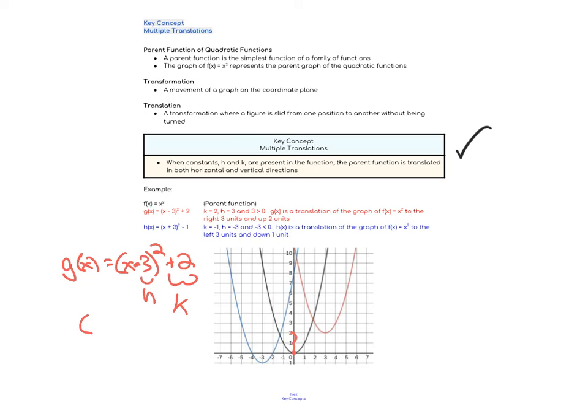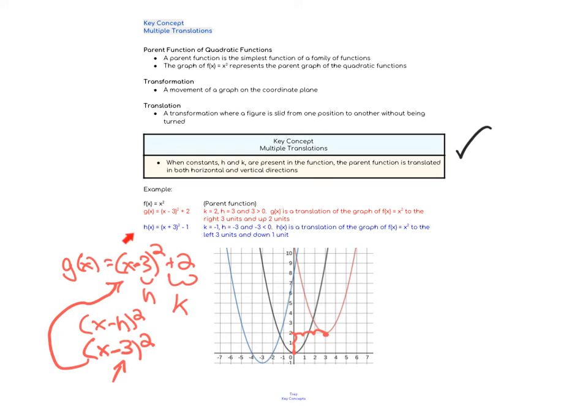And we'll review that because this could get a little tricky. x minus h squared. So it's really x minus something squared. Well, what do I have to put in right here so it looks exactly like this? I have to put in a positive 3. So even though you see minus 3, you want to think about it as minus positive 3. And since it's positive, we're going to translate it 3 units to the right.